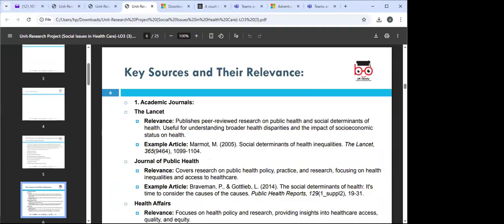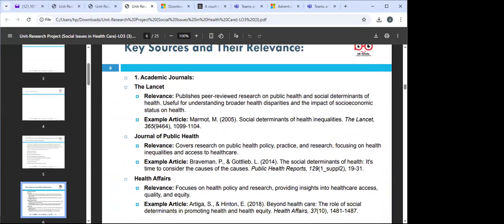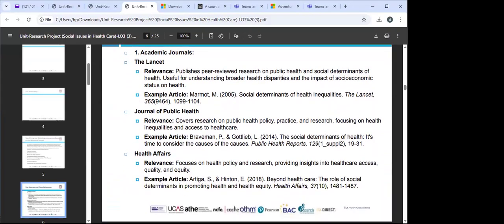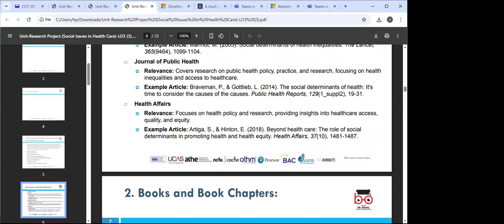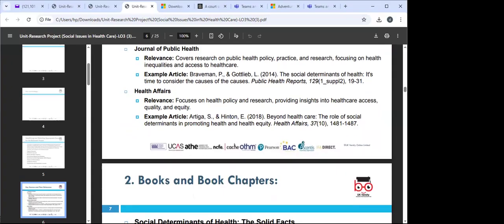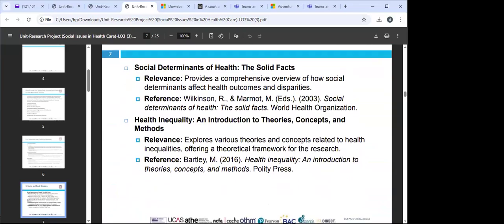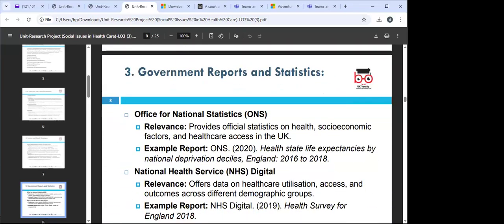Okay. We spoke about the Lancet. Really, we spoke about it, didn't we? Nancy, we spoke about the Lancet academic journals. We spoke about public health, Health Affairs, and the social determinants. We had all the discussions about this, didn't we?